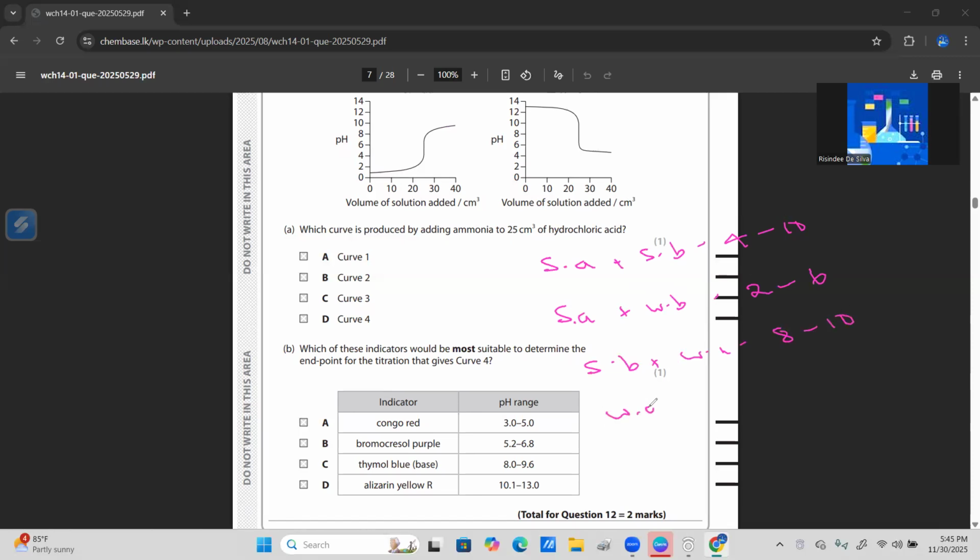If it's weak acid and a weak base, you can't use any indicator as it doesn't give a sharp endpoint. You can use a pH meter to find the pH at the equivalence point. So the correct answer is C. It should be between 8 to 10.